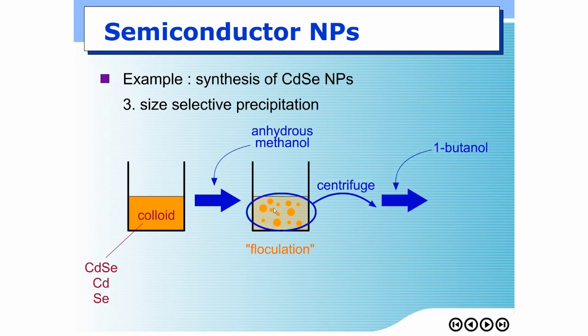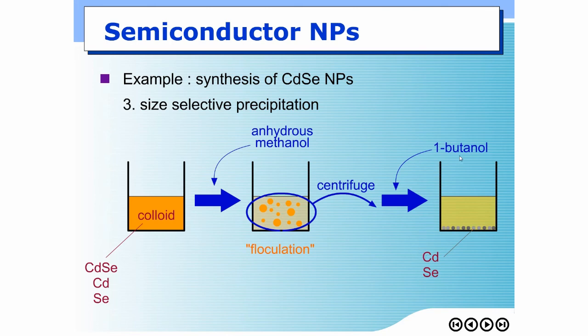In this case, if we take the mixture here under centrifuge and drop butanol in there, what we have would be precipitation of cadmium and selenium out of the system. What is going on here?